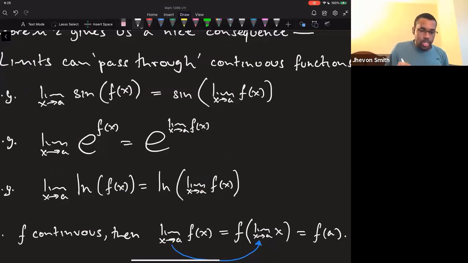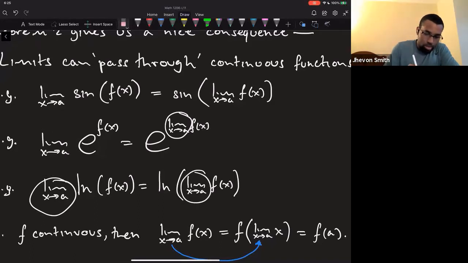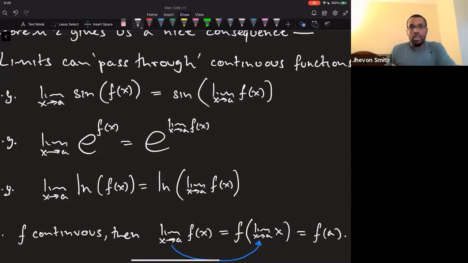Same thing for the exponential. If I have the limit outside, I can move it inside the exponential. For the logarithm, if I have the limit outside, I can move the limit inside the logarithm, right? So continuous functions have that nice property, and that's what you need to remember from that theorem. That'll come in handy later on. Okay.